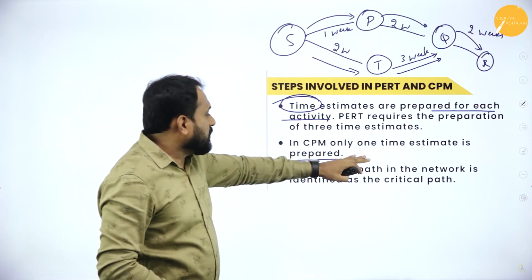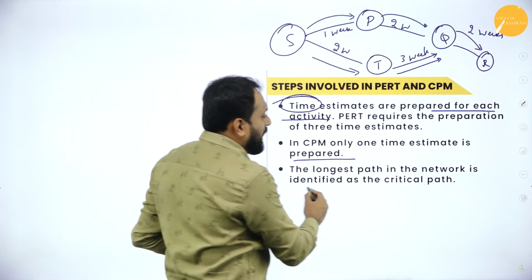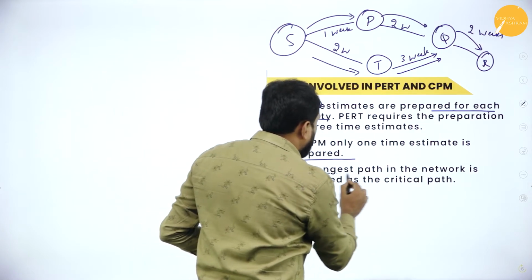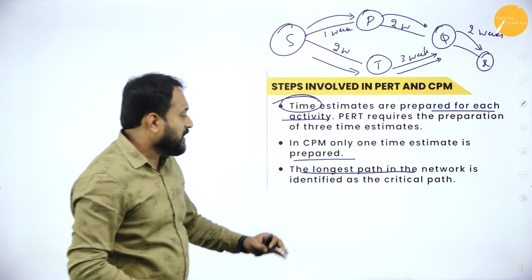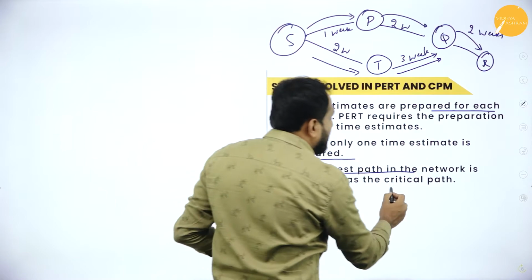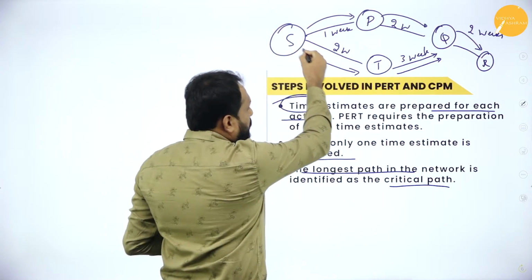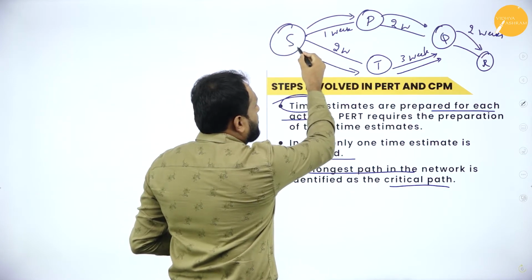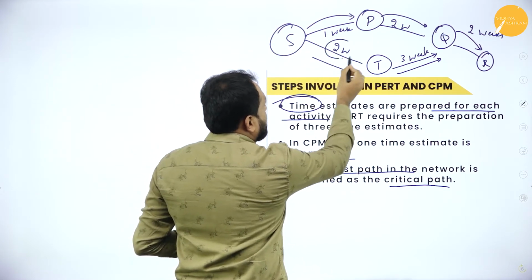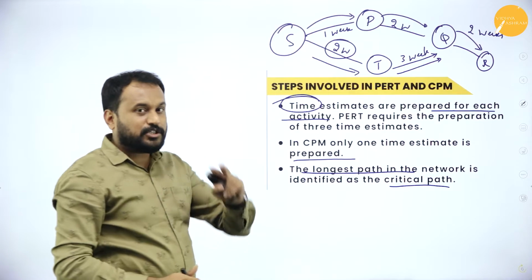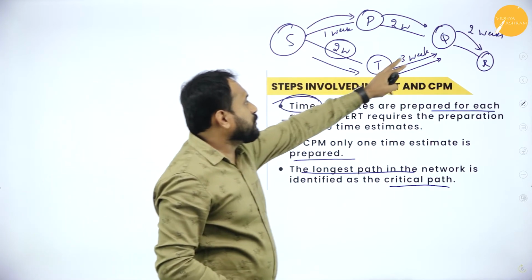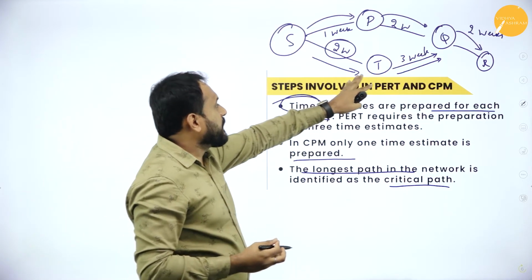The next one is the longest path in the network. The longest path in the network is defined as the critical path. Now just compare. If I start from S to T, I'll take 2 weeks. T to Q, I'll take 3 weeks.